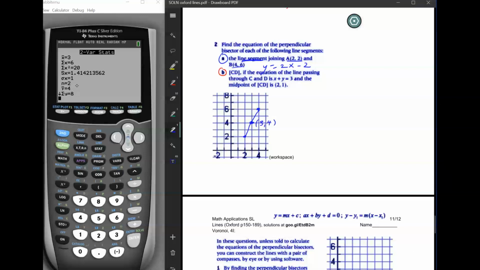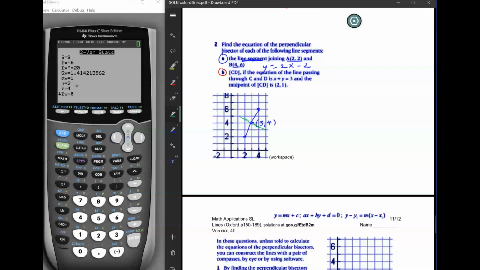And just to draw what it would look like, I'm going to draw the perpendicular bisector roughly through this point here. It's going to look kind of like this, okay? And they want the equation of this green line, okay?